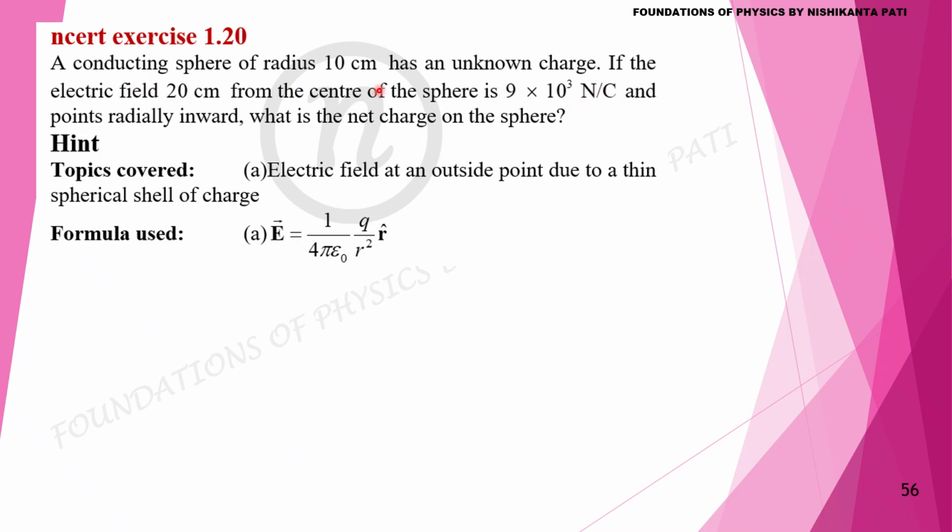So that is why the point must be outside the conductor. And the conductor behaves as a spherical shell of charge because the charges reside only on the outer surface. So the formula is similar to that of a point charge.